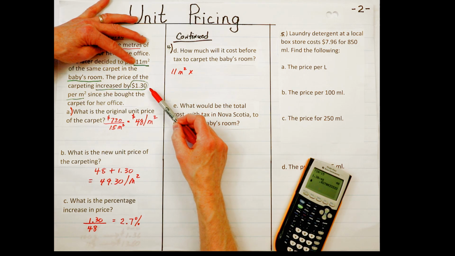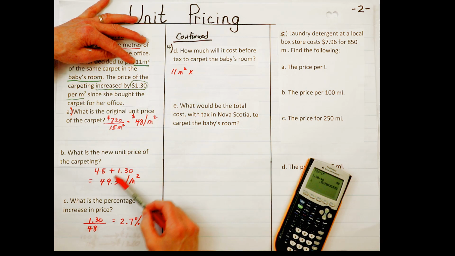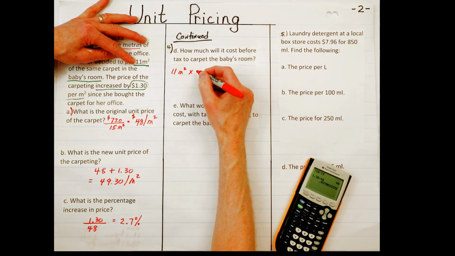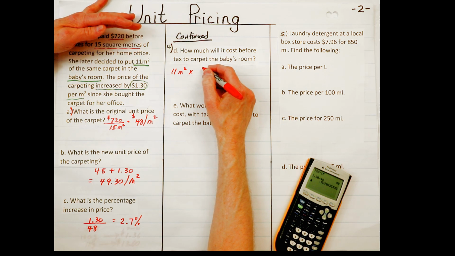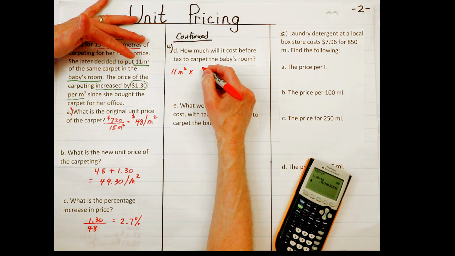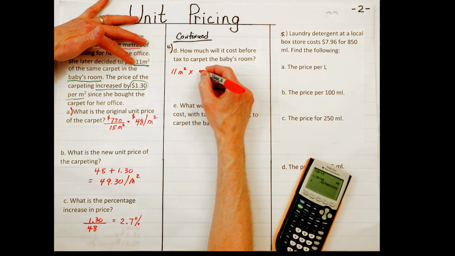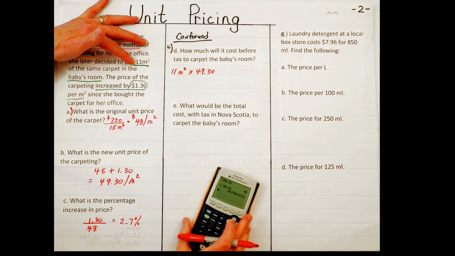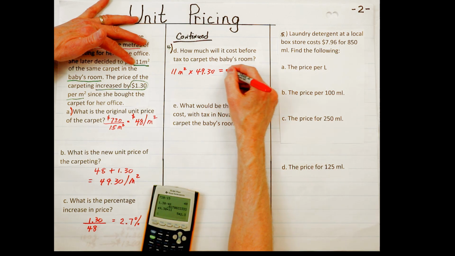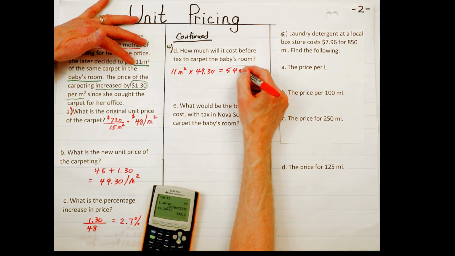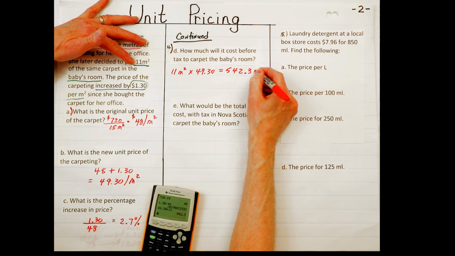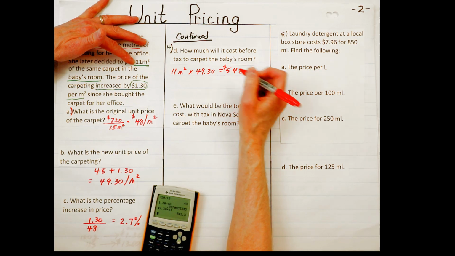She's not going to pay 48, she's going to pay $49.30 because it went up in price after she put in the carpet in her office. So $49.30 times 11 equals $542.30.